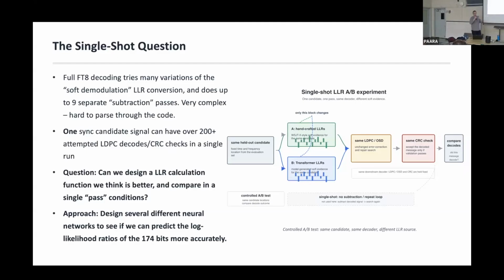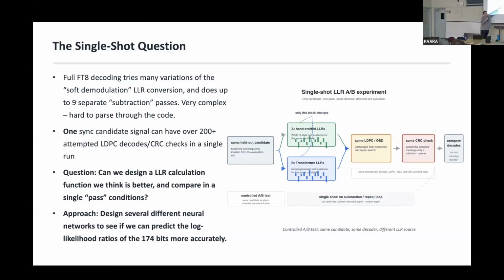And now I'm going to go into the third, which is trying to estimate those bits better, those ratios that I talked about. The question that I had for this experiment is, if we take the same candidates that we've held out, that's what this gray box is. Sorry for the small text.